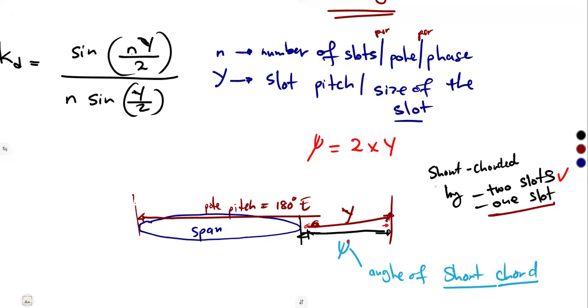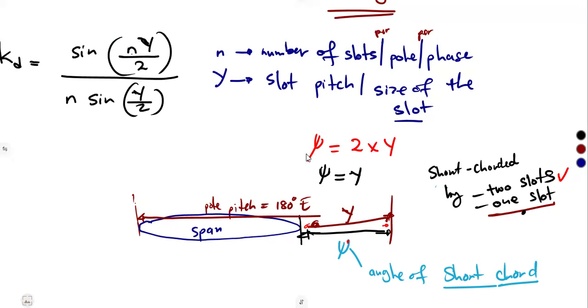So in that case, our angle of shortcut will be equal to gamma, which is our slot pitch. They will be equal for 1 slot. So you need to understand the information about the slots that are remaining to obtain our shortcode from there.